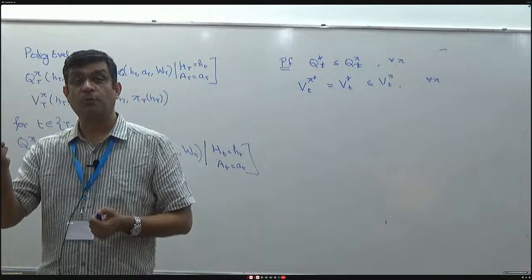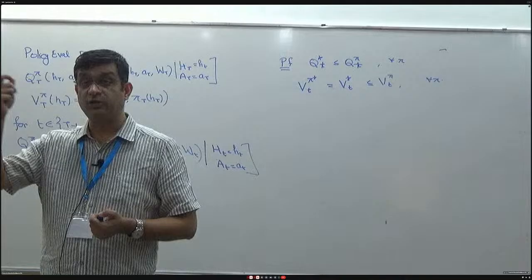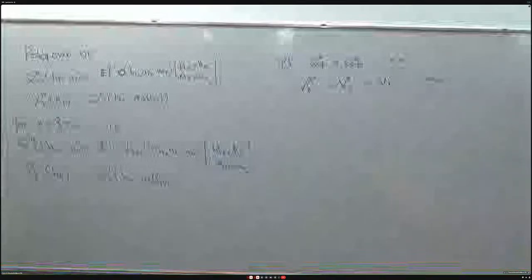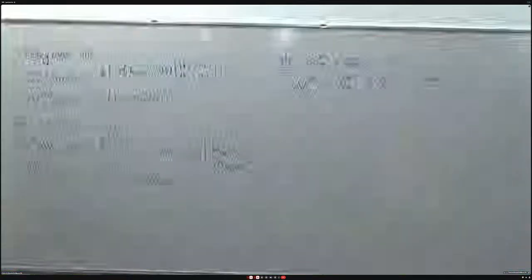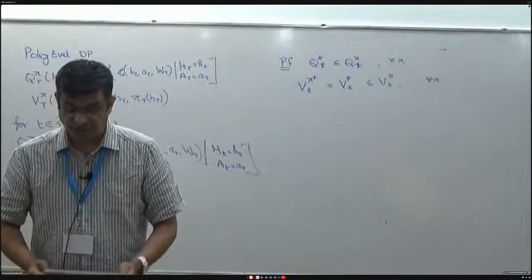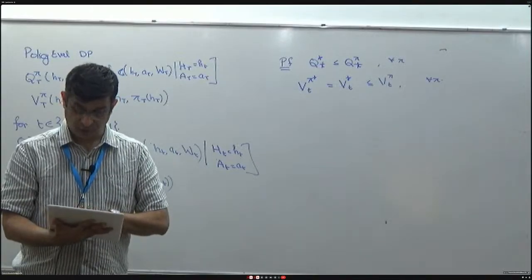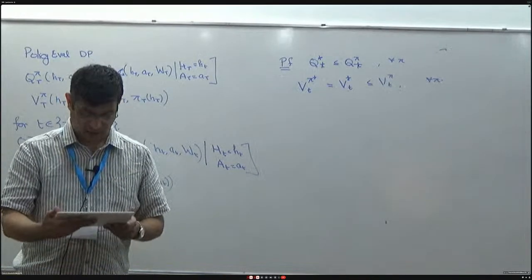So, I can't do any more simplification than that. All right. So, what we are going to do now is I want to slowly add 3 assumptions which will simplify the model.